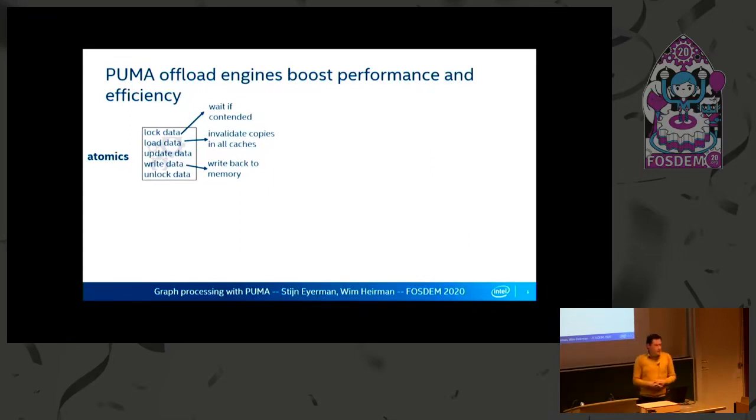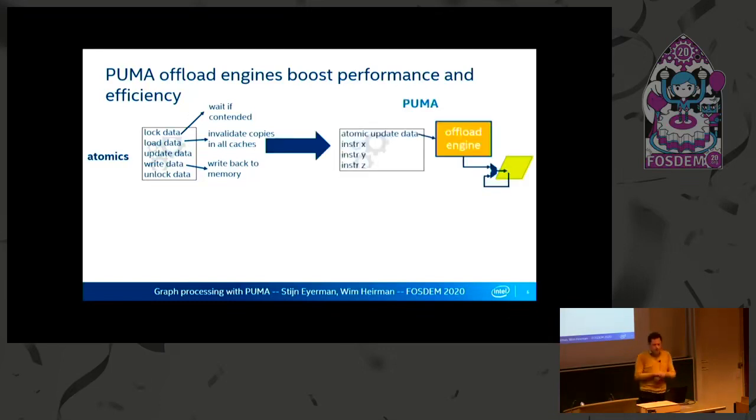For example, atomics are very much used in graph algorithms, but for a core, that's a very intensive operation. So you have to lock data, you have to load the data, update it, and write it back and unlock the data. So the core is often stuck a long time performing these atomics. So in PUMA, we have this offload engine that performs the atomics, that relieves the core from performing these atomics.